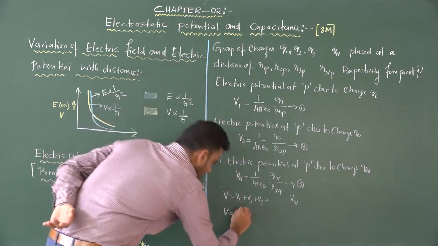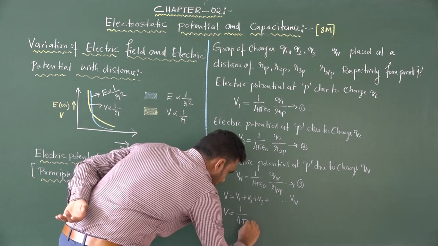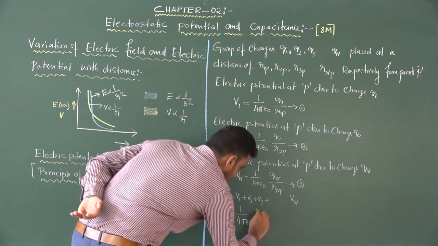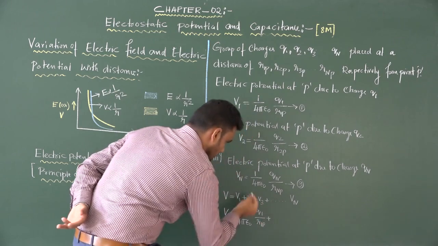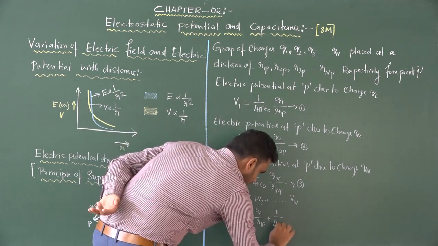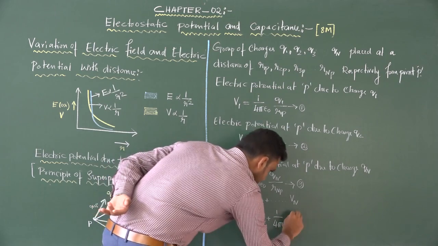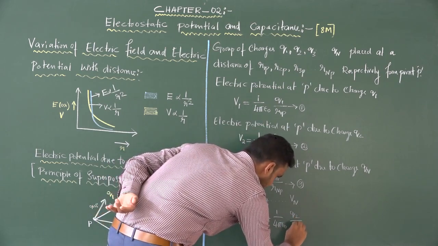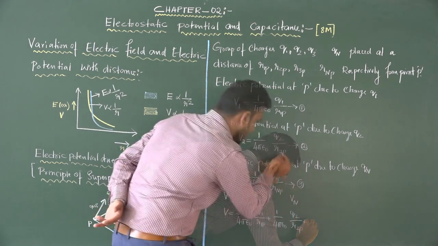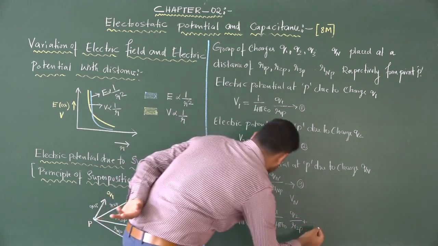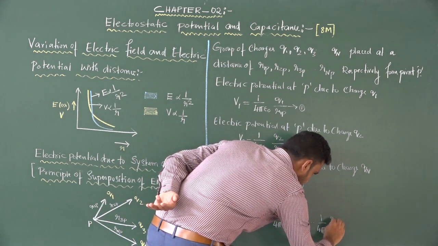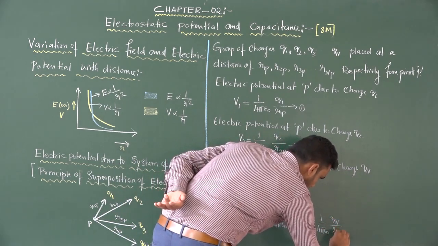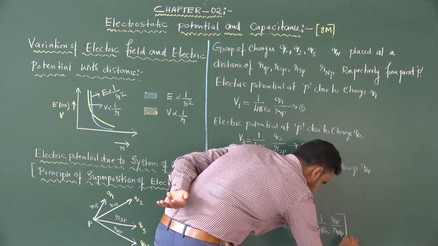We have 1 over 4 pi epsilon naught, Q1 divided by R1p, plus V2, 1 over 4 pi epsilon naught, Q2 divided by R2p, plus, directly I will write Vn, that is 1 over 4 pi epsilon naught, Qn divided by Rnp.